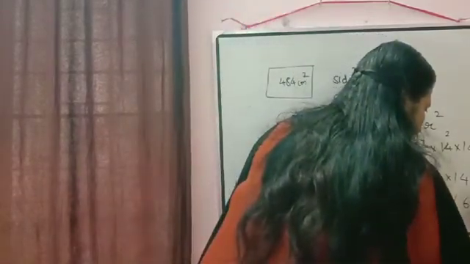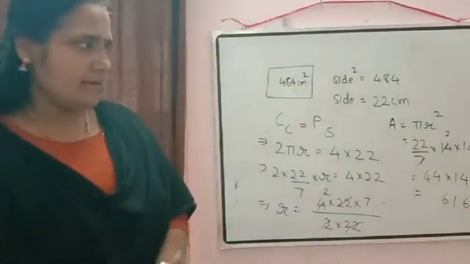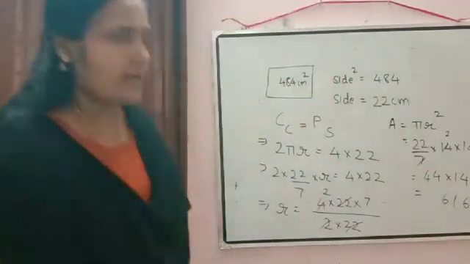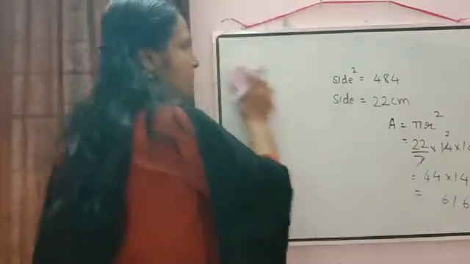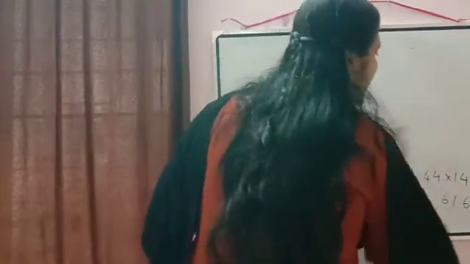So we are getting here 660 centimeter square. Just remember one thing: whenever you are converting a shape into any other shape from a wire, its circumference will remain the same.